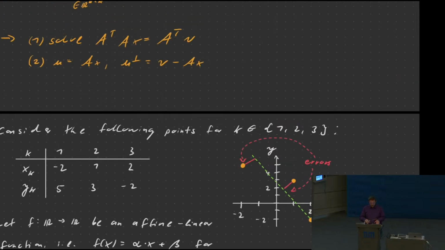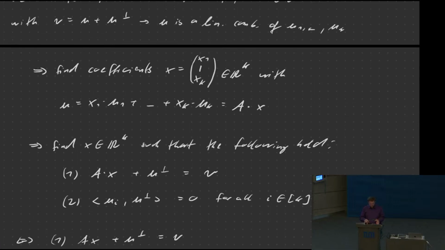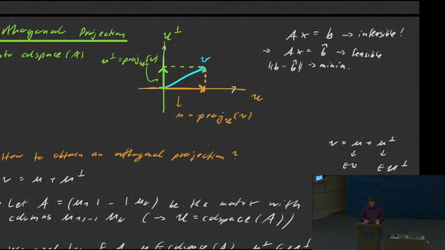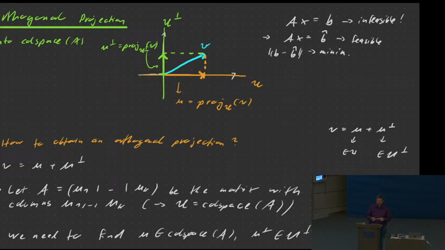And that is exactly what the least squares method does. So it gives you a new system of equations or a set of estimations for your parameters, such that the function that you fit to your parameters is as close as possible with respect to this least squares error measure.